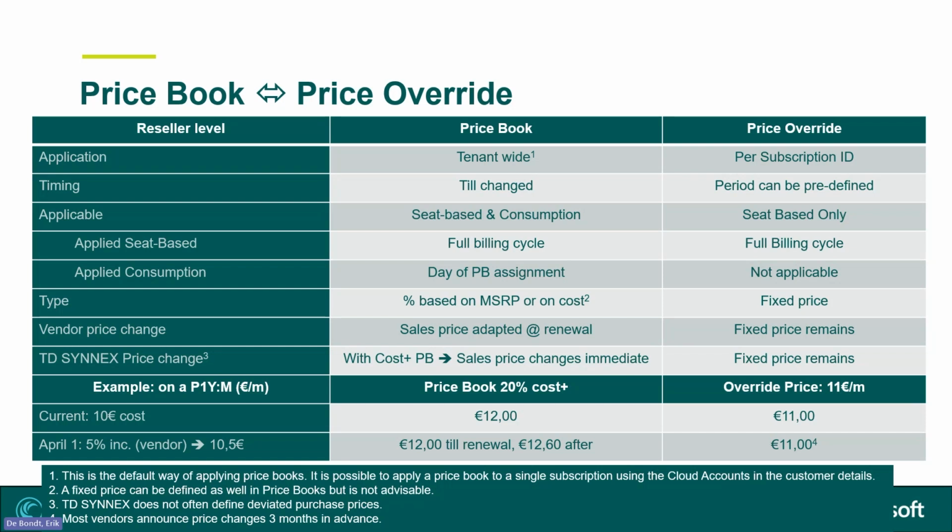As you know, there was an increase on the 1st of April last year on this kind of licenses. So you go to 10.50 sales in. Your price book will become 12.60 euros because you have the 20%. In the price override, it will remain 11 euros. So your margin basically drops.